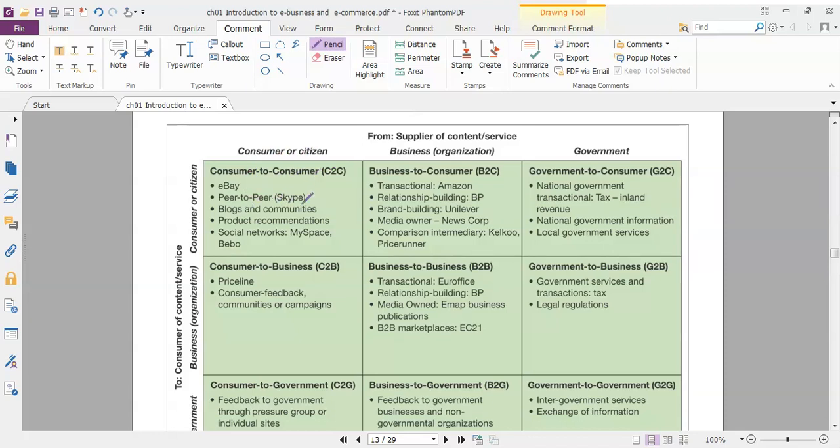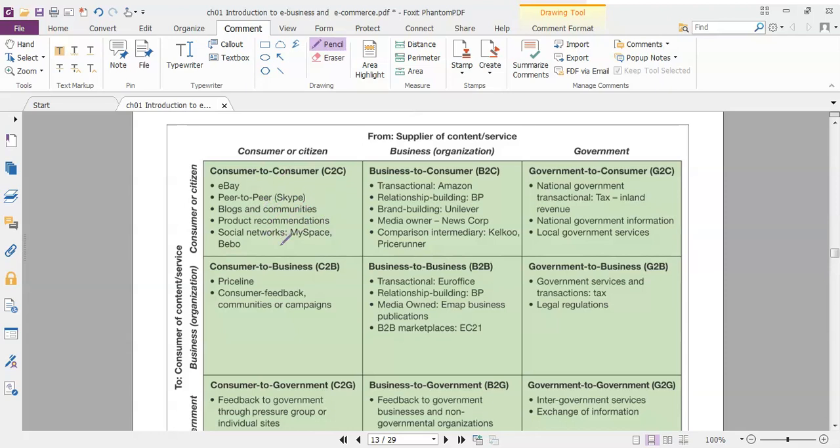Peer to peer, for example Skype. Right now, for example, TikTok. By using TikTok, you can go online. If you want to sell some used goods, you can sell there. And then blogs and communities, product recommendation, social networks are consumer to consumer.